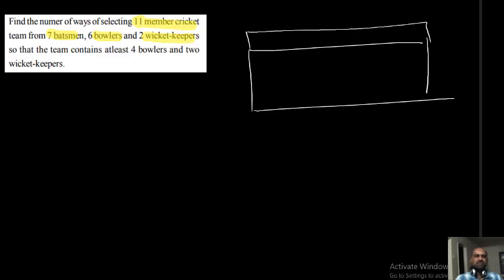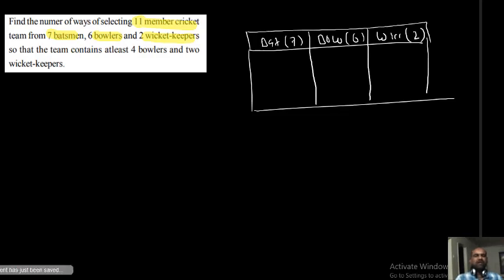Okay, students, listen. How many batsmen? Batsmen are 7. Bowlers are 6. Wicket keepers are 2. Now you want to select 11 from this.